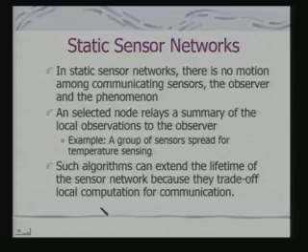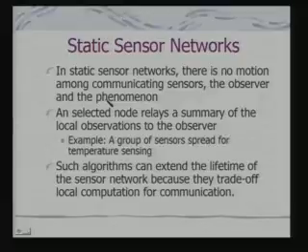So, on the basis of these requirements or objectives, we can distinguish sensor networks into two classes: static sensor networks and mobile sensor networks. In static sensor networks, there is no motion among communicating sensors, the observer and the phenomena.